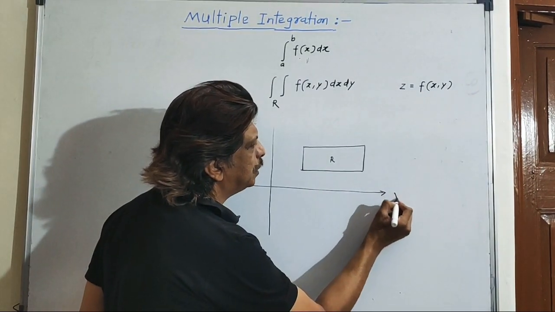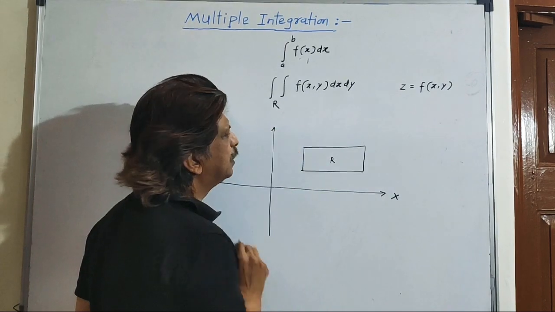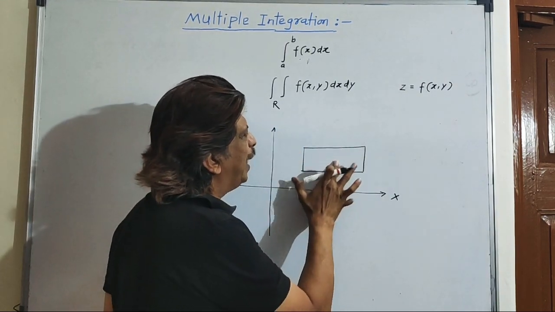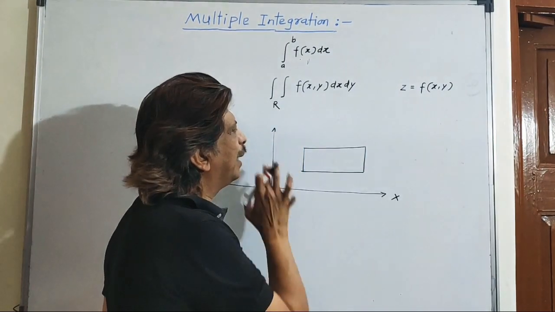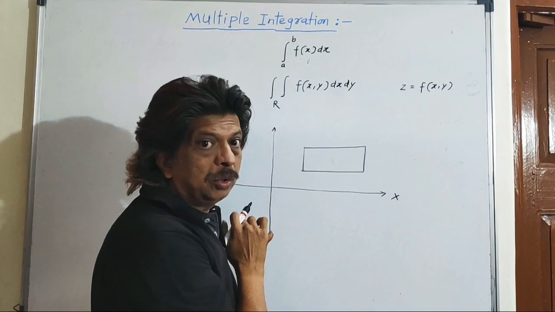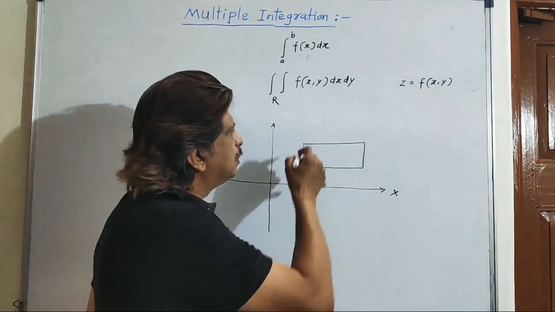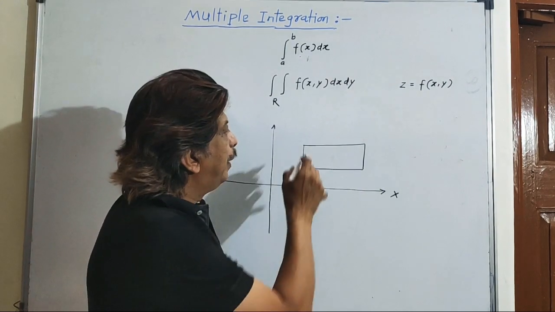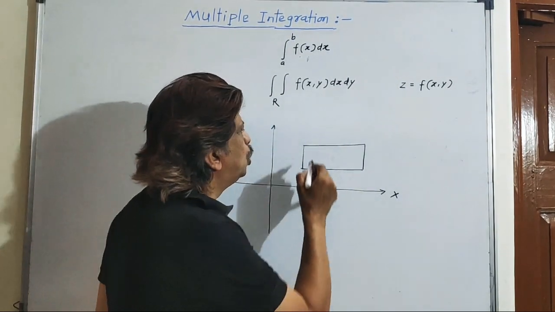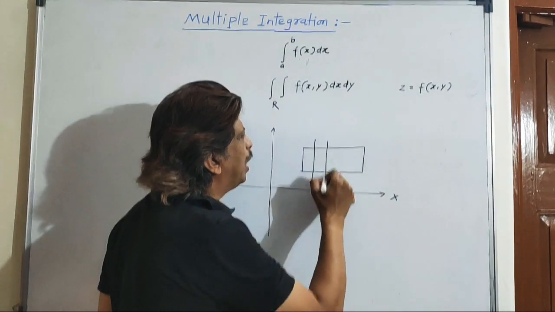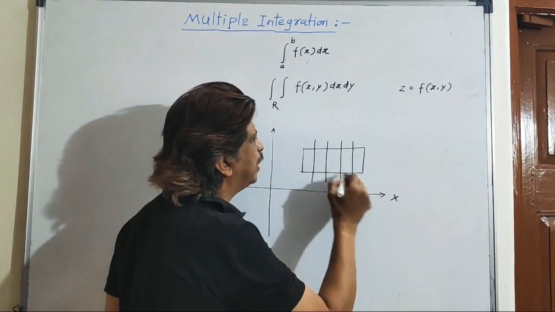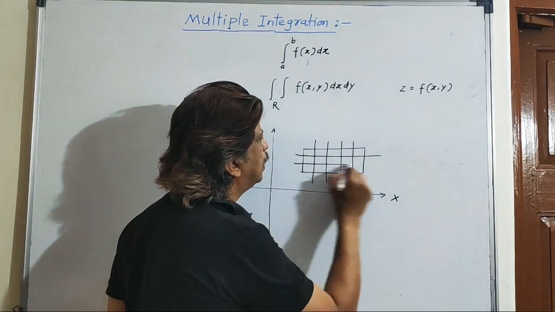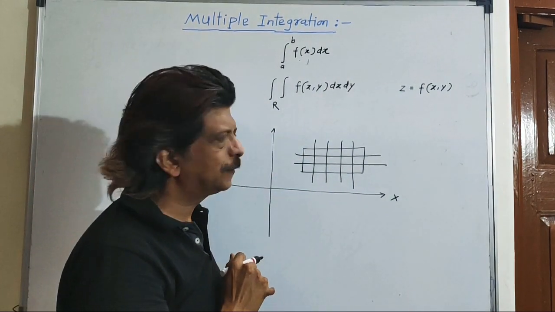This is the x-axis, this is the y-axis. So, this is a plane area, capital R, a plane rectangle, capital R. Now, we shall divide this rectangle into a number of smaller rectangles by drawing vertical and horizontal lines.